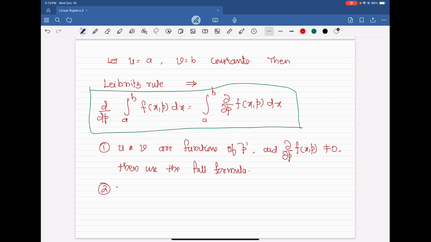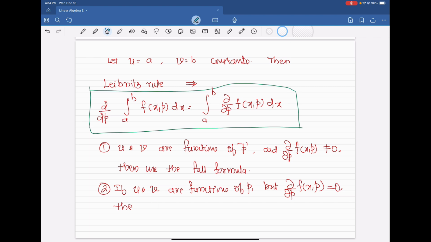2. If u and v are functions of p but dou by dou p of function xp is equal to 0, then use the truncated formula.